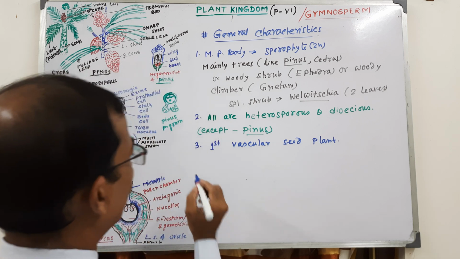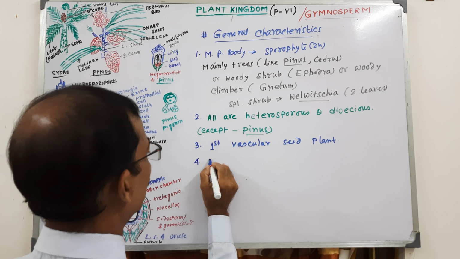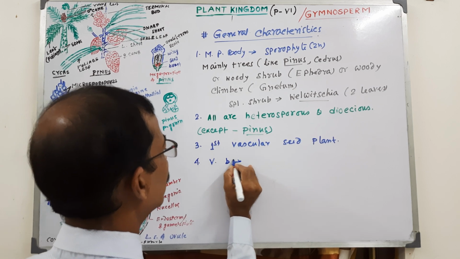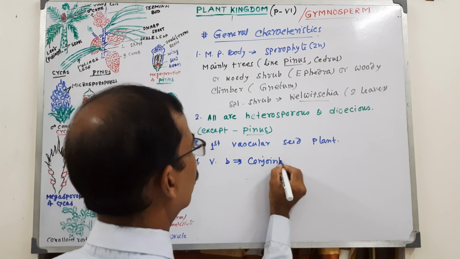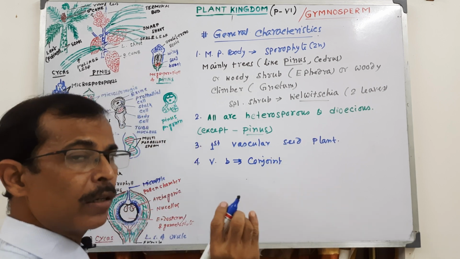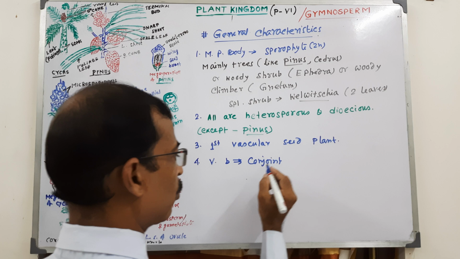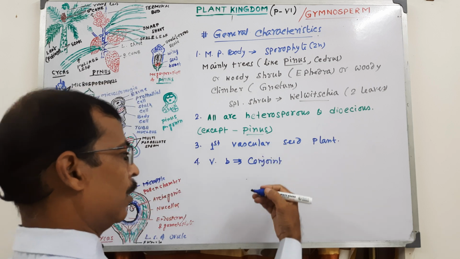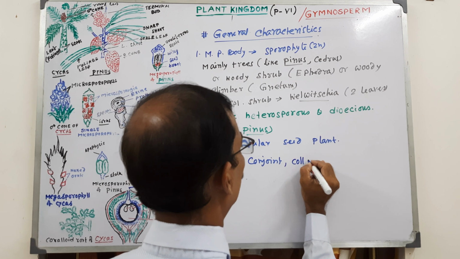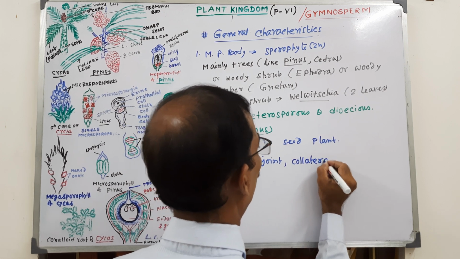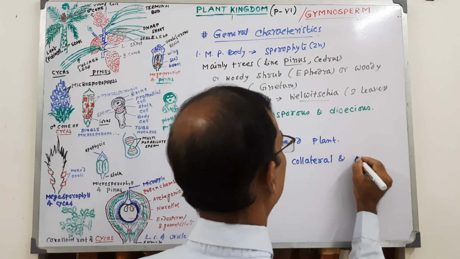Next, their vascular bundle is conjoined, unlike Pteridophyte where the vascular bundle is concentric. Here conjoined, that is, xylem and phloem are situated one above the other, collateral and open.